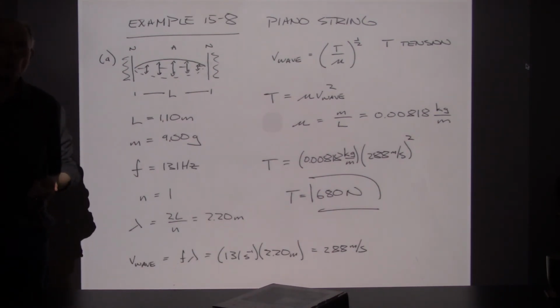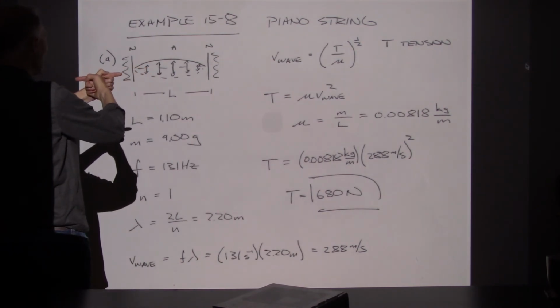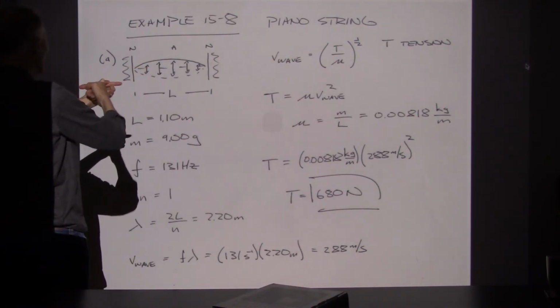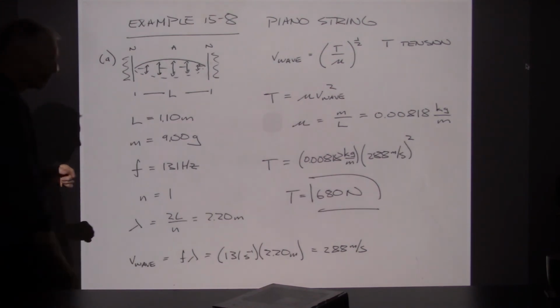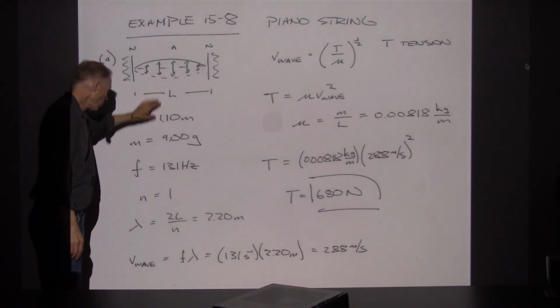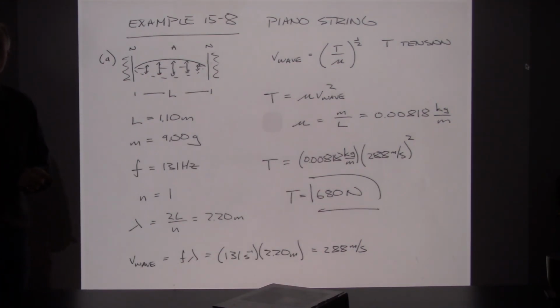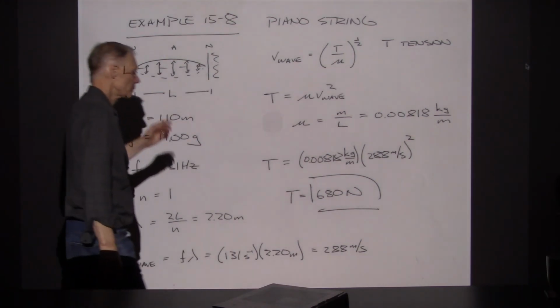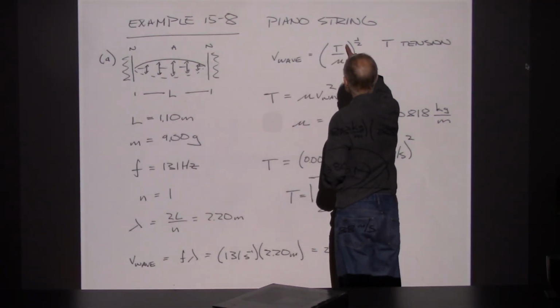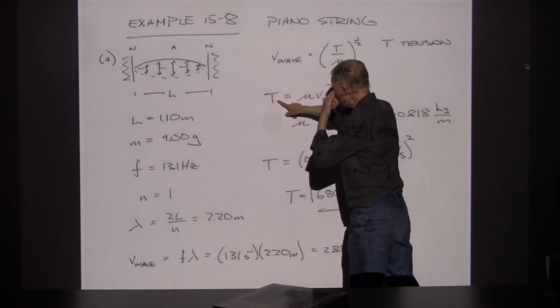So we can actually show that mathematically if I take two different disturbances and overlap those, and then take a look at the pattern of displacements, that creates a standing wave. So it's kind of interesting that even a standing wave will have a speed of propagation to it. So we do have a speed of propagation for this standing wave, and it's given by T over mu to the 1/2, and that says the tension that we're trying to calculate here.